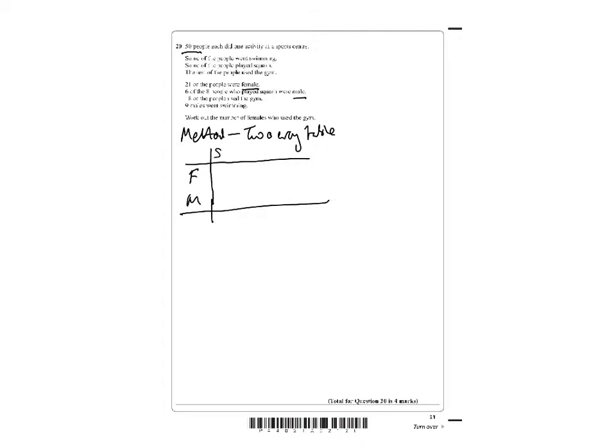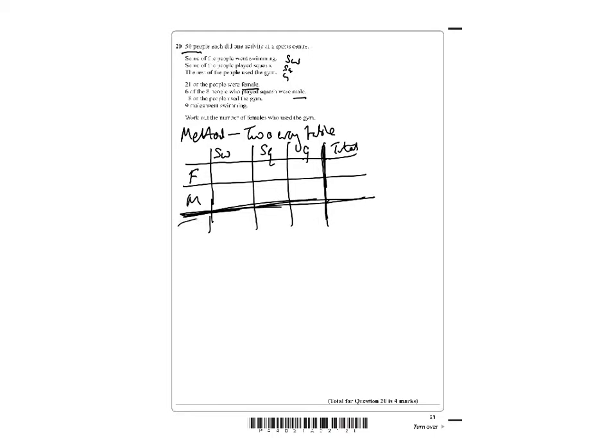I'm going to use SW for swimming, SQ for squash, and G for the gym. And I'm just going to add a little total column there. Now I'm going to use colours to try and highlight where different things have come from. Okay, so there's my table set up.